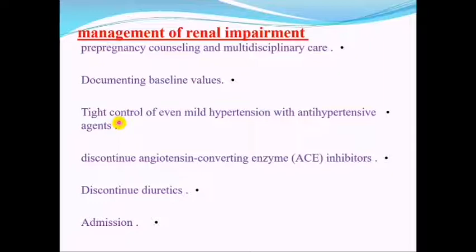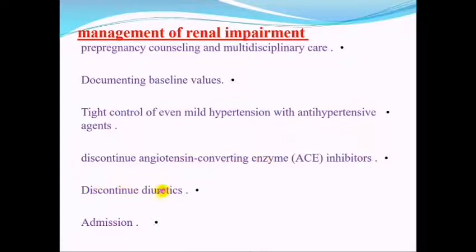There is no difference in the use of antihypertensives in females who have renal disease than those who have no renal disease. Also, for those females who have been kept on angiotensin converting enzyme inhibitors, we have to discontinue these treatments prior to pregnancy or once the pregnancy is confirmed, because they are contraindicated during pregnancy.